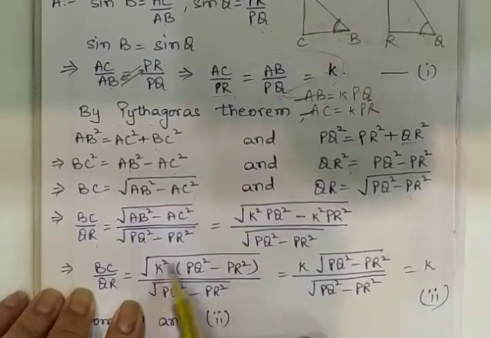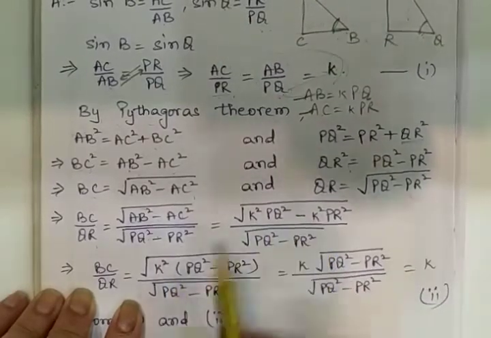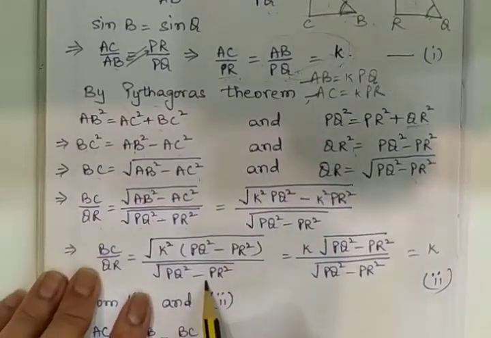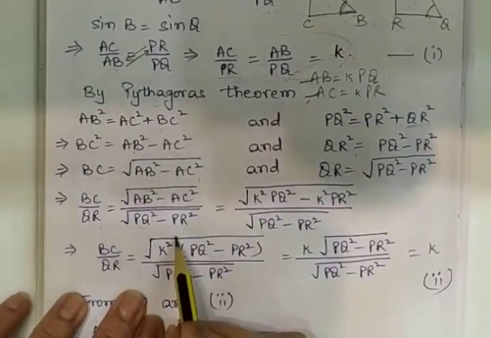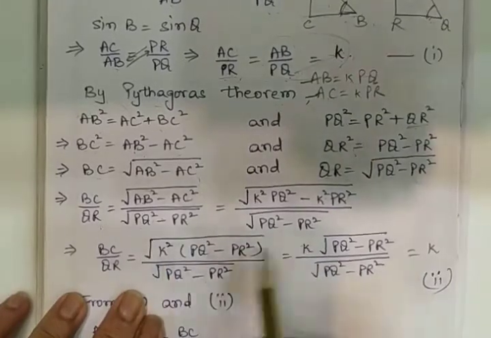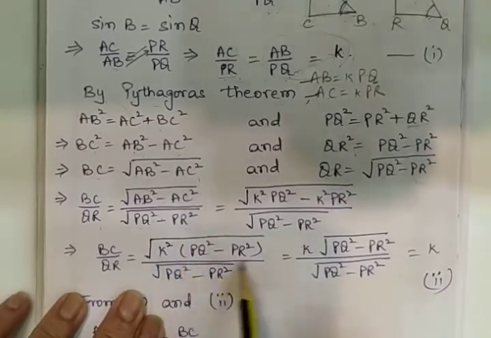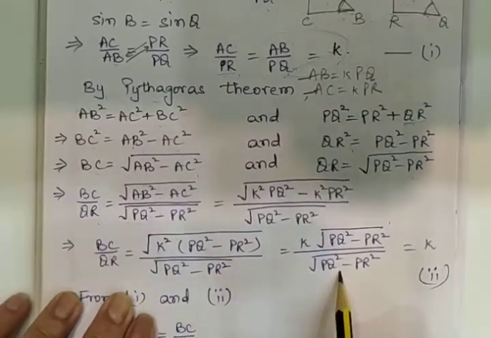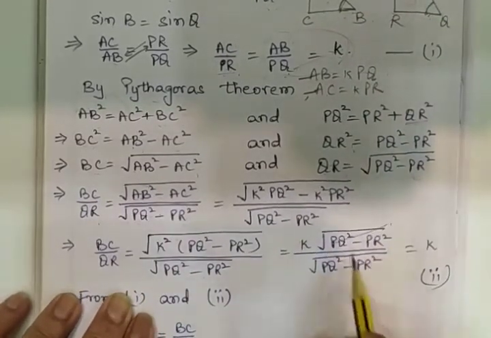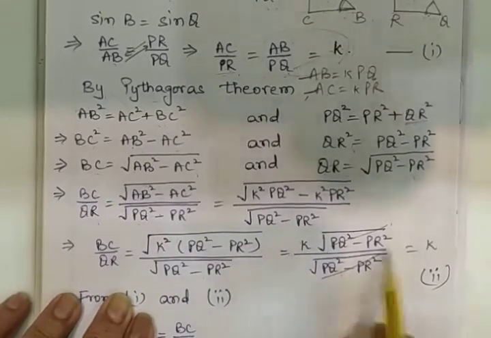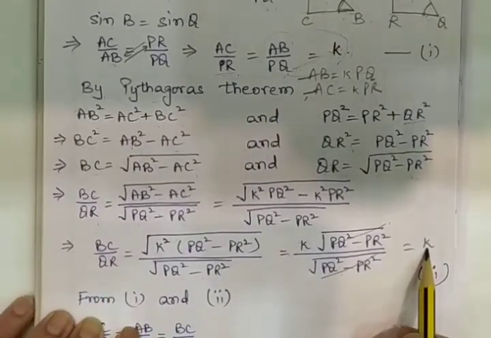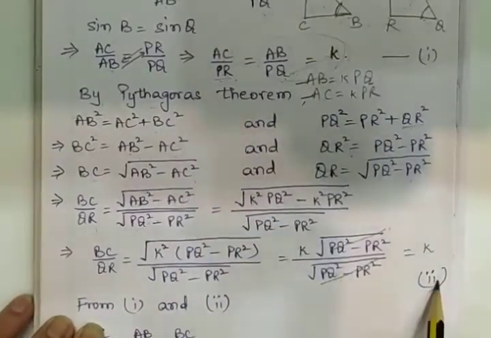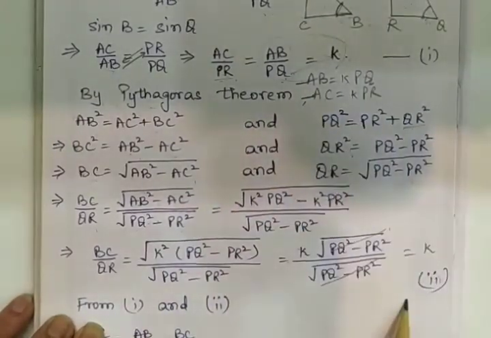From here k square comes out, so PQ square, and from here k square comes out, so PR square, and the denominator is again as it is. Now the under root of k square will become k and this particular term will remain under the square root sign, and the denominator is as it is, and now the numerator will cancel with the denominator, so this has become equal to k.